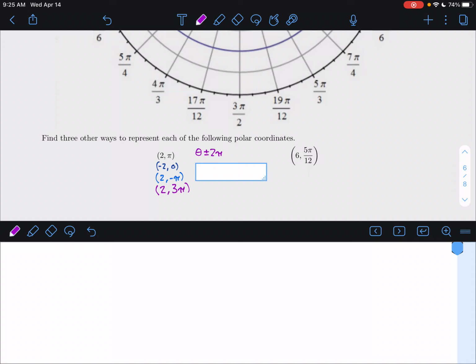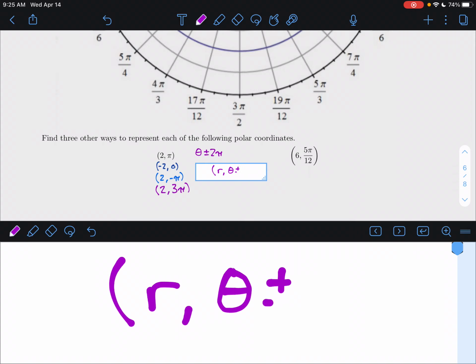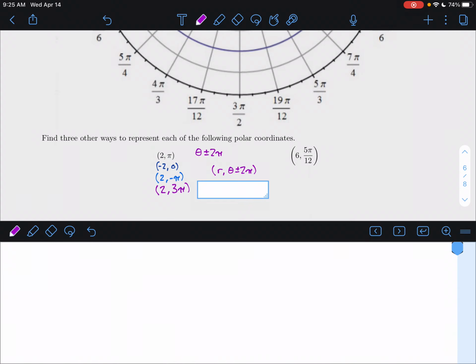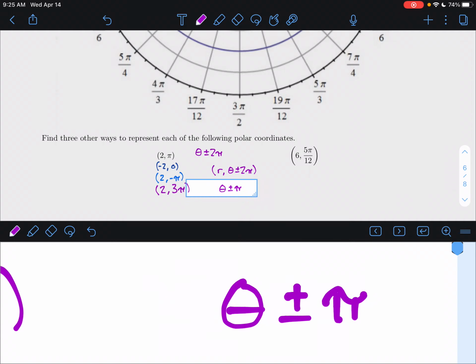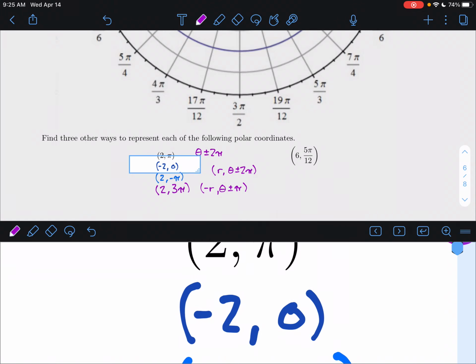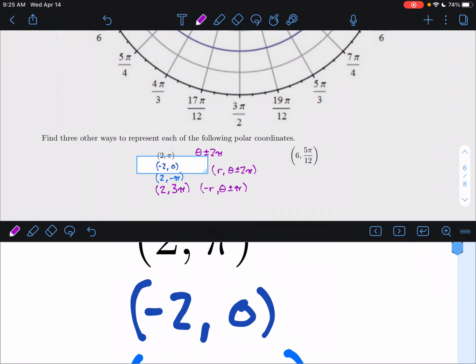So that's our first way to get another similar point: you keep the r and take theta plus or minus 2 pi. In our other case, we had theta plus or minus just pi, but the r was negative r. So it's (-r, theta plus or minus pi). The r was 2, so it became negative 2, and then pi minus pi became 0.